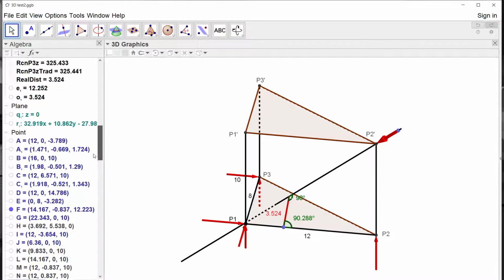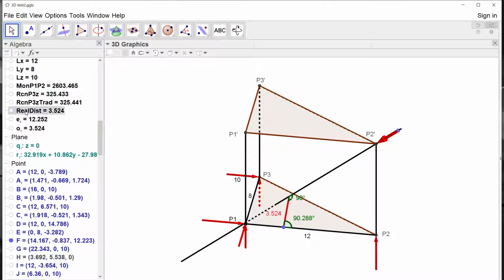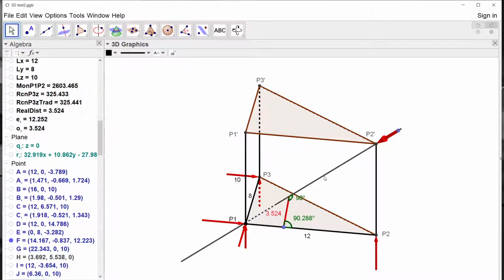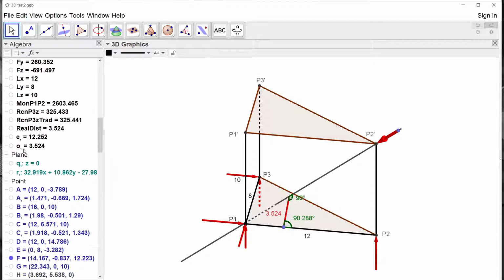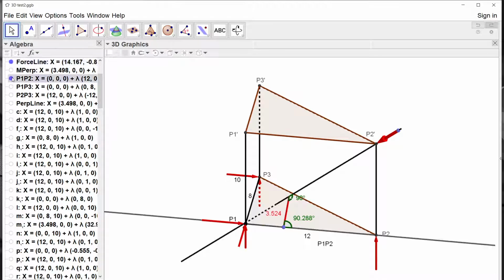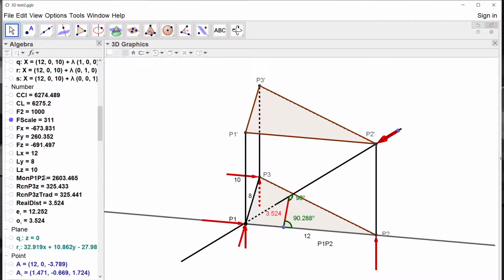We could ask the robot for these distances. The distance between the force line and the P1, P2 line. So this is the force line. This is the P1, P2 line. And we could simply ask for the distance between those two.